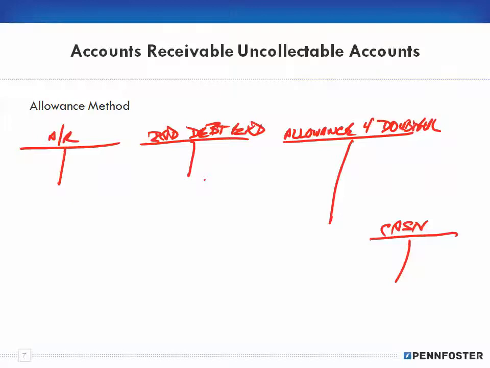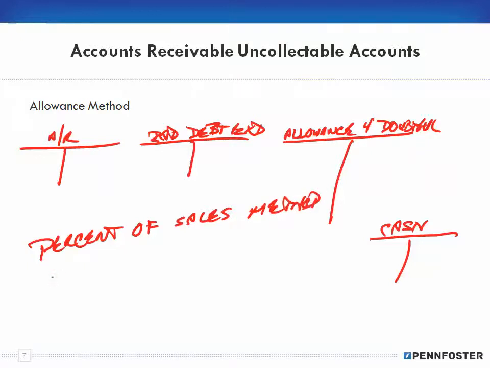In order to use the allowance method and determine your uncollectible accounts, there are two methods, two ways of calculating. There's the percent of sales method, and there is also the aging method.